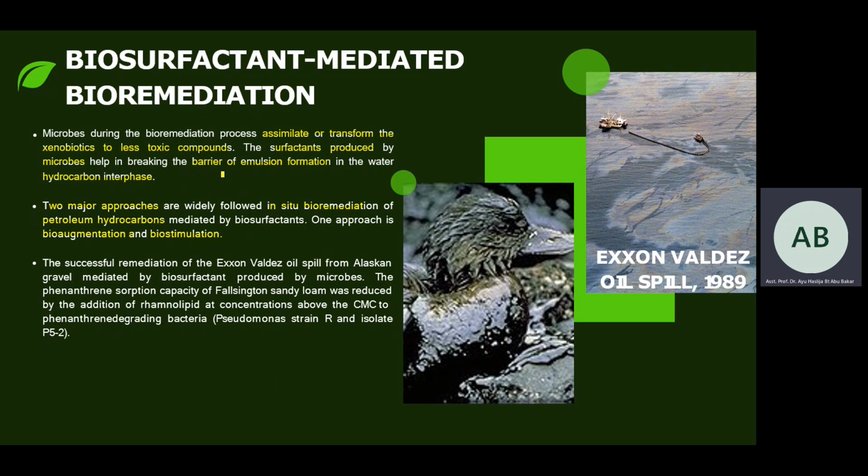Let's say an oil spill, there is a big layer of oil, right? A big layer of oil. So the surfactants over here will break the big layer of oil into small emulsion, small bubbles. Reduce surface tension. Okay, so it will convert them into small bubbles of oil, rather than a big layer of oil.